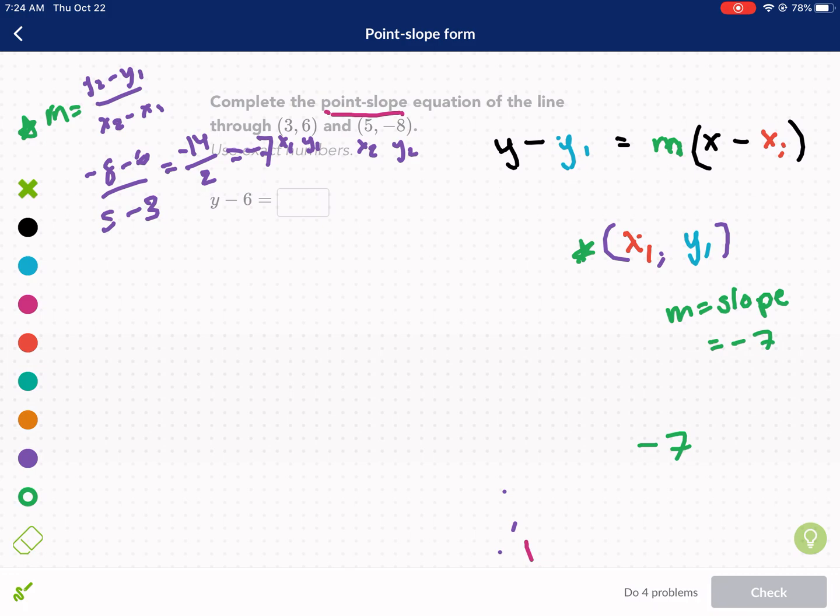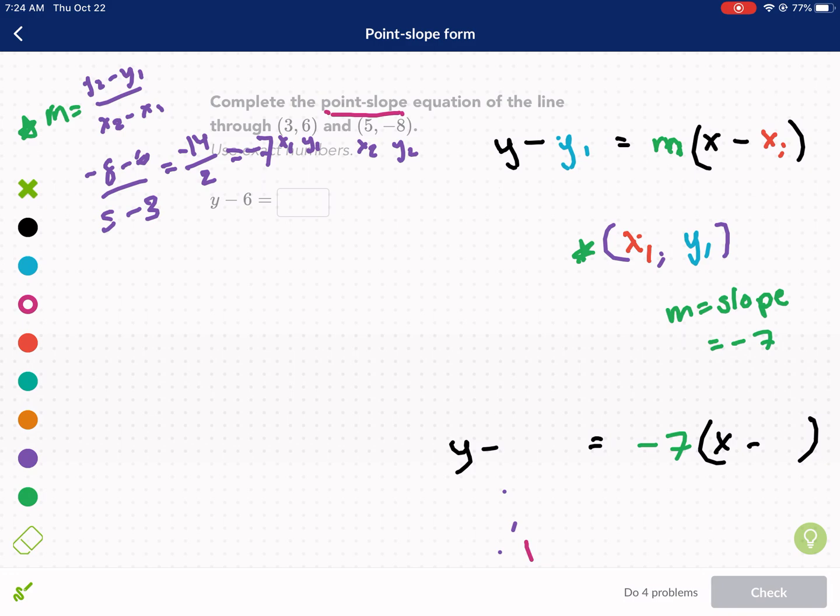We have negative 7, x minus, equals, and y minus. Now, the x1 and y1 that we chose for our slope can change for the point slope formula. What do I mean by that?